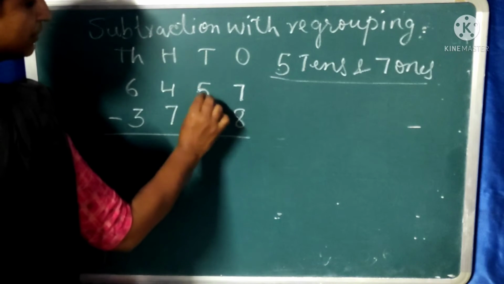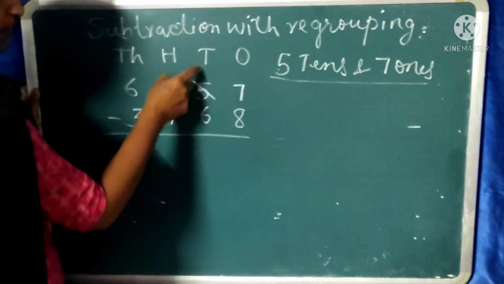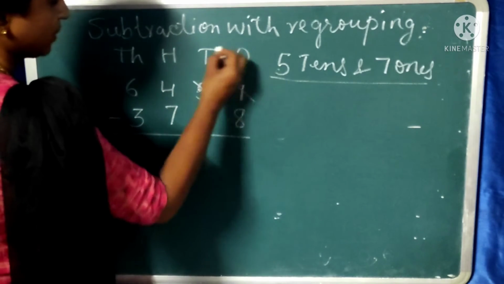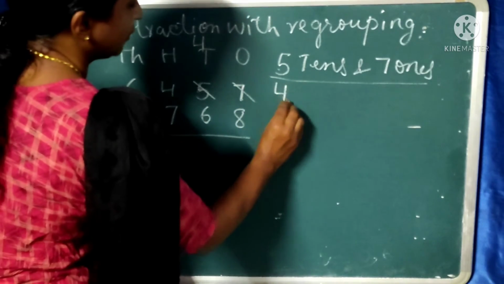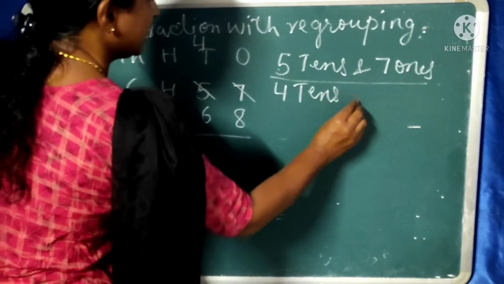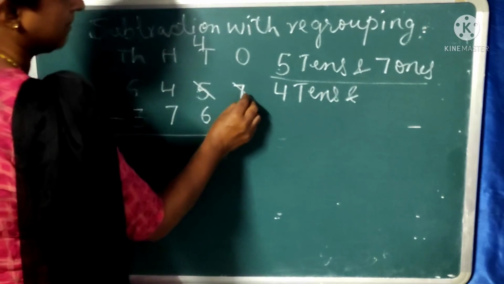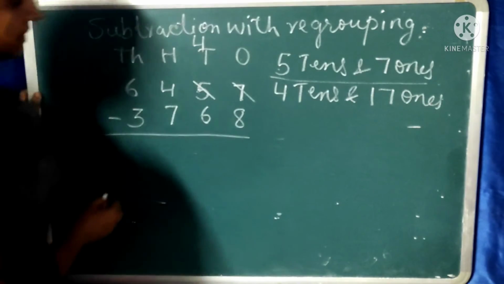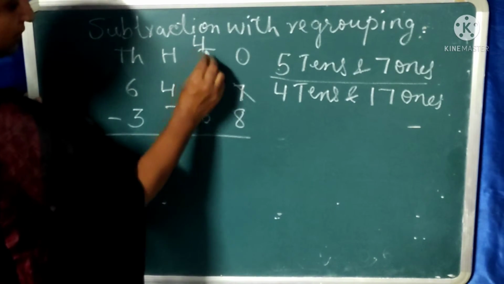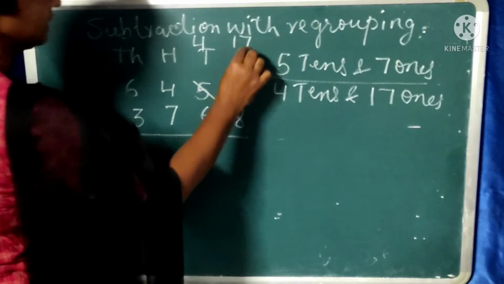If we carry 1 from the tens place, it will become 4 tens, and here it will become 17 ones. So 4 tens and 17 ones.